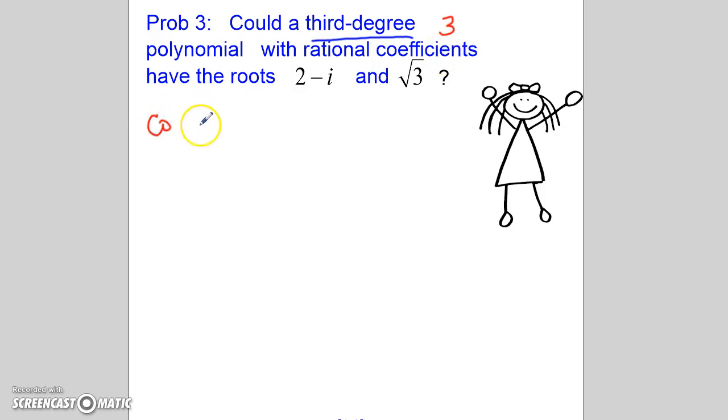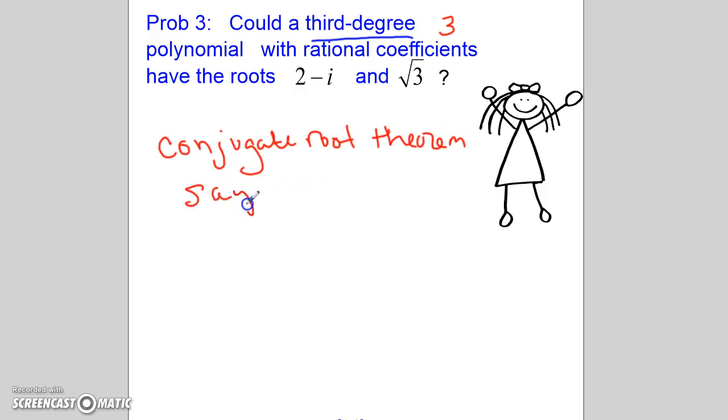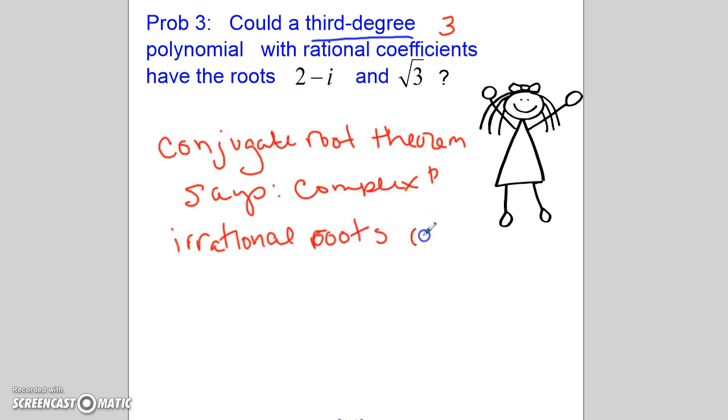Well, I know the conjugate root theorem tells me that my complex and irrational roots occur in pairs.